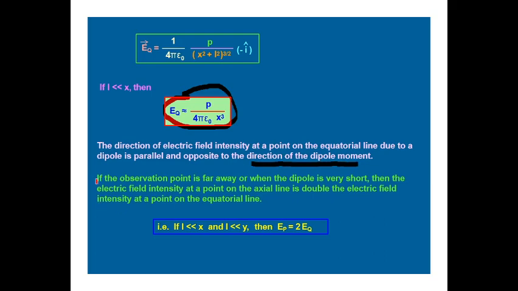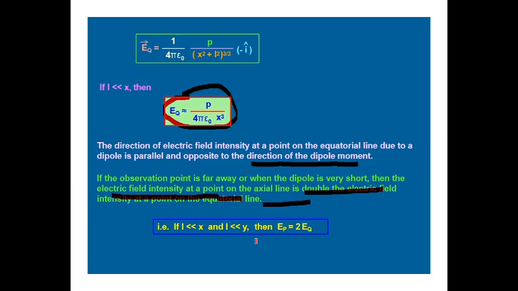Just as we explained earlier, if the observation point is far away, or when the dipole is very short, then the electric field intensity at a point on the axial line is double, meaning two times the electric field intensity on the equatorial line.